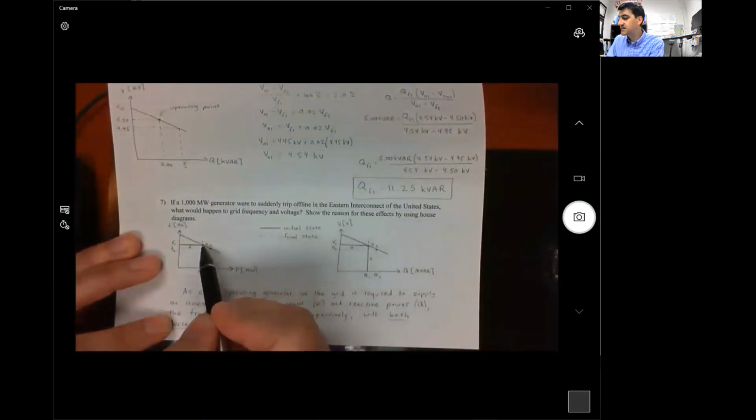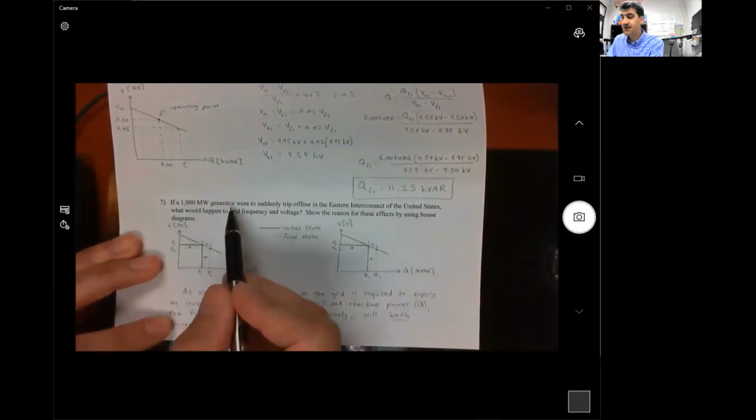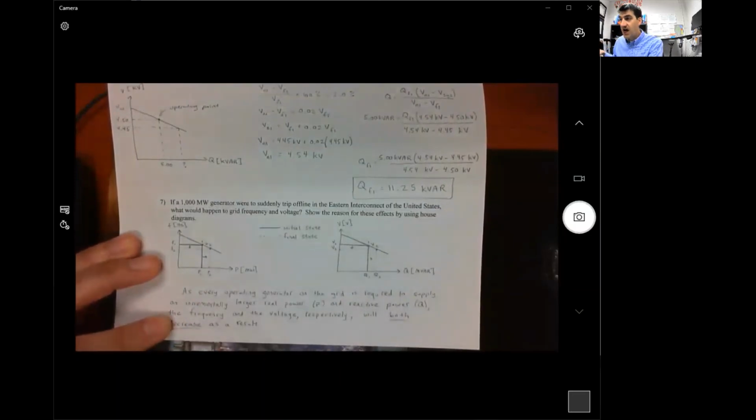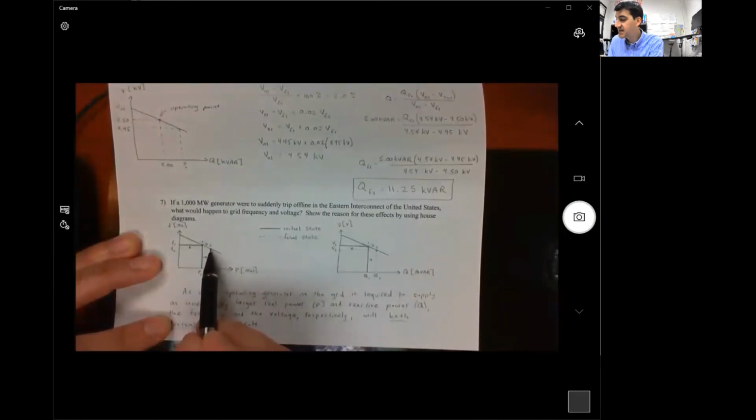Then what happens is when that 1000 megawatt generator trips offline, every other generator on the electric grid has to produce a little bit more power to make up for that one that tripped offline. So we're going from P1, power 1, to P2, power 2. And we follow along from P1 to P2 on the operating curve, and we can see that frequency 2 is below frequency 1, the initial operating frequency.